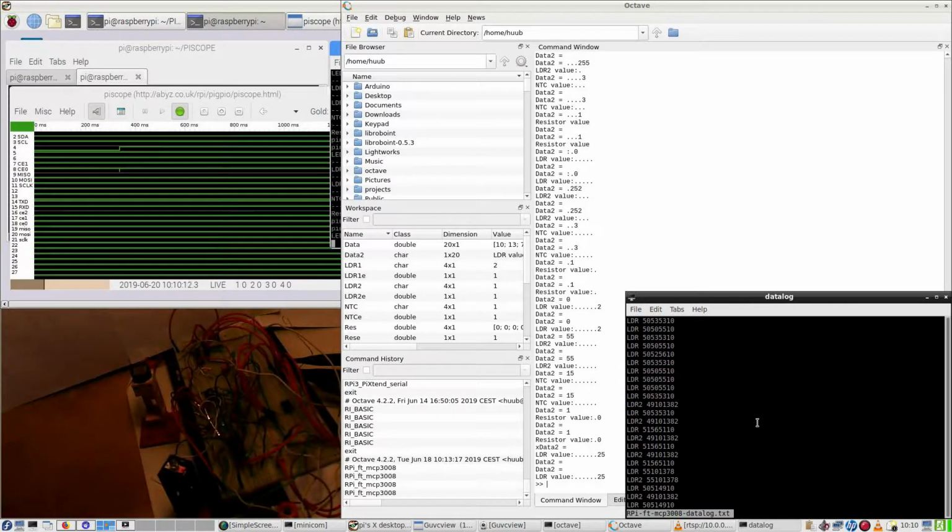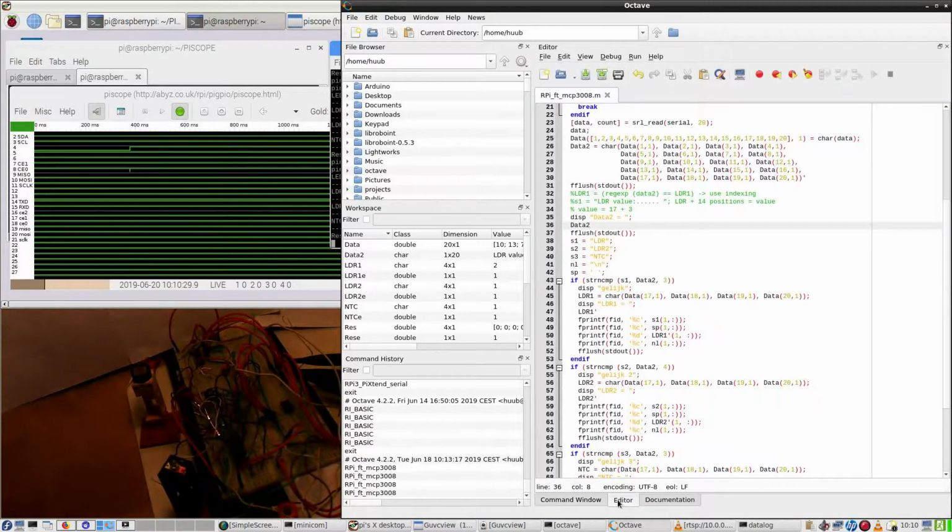But what does it show? That's not good. This is not good. Why do I get nice values here, but not here? Still doesn't make sense. I don't like that.